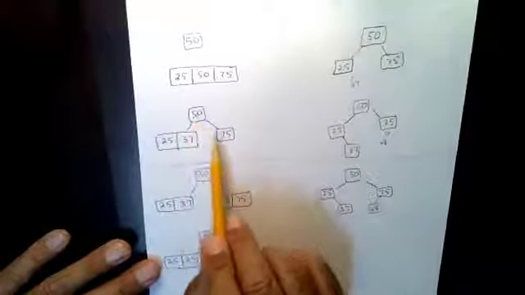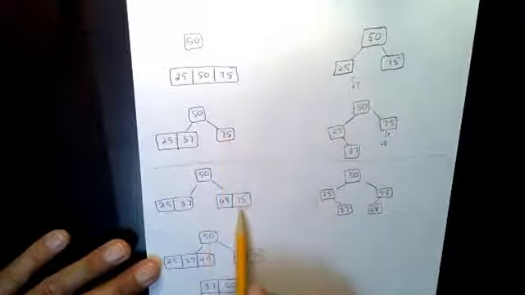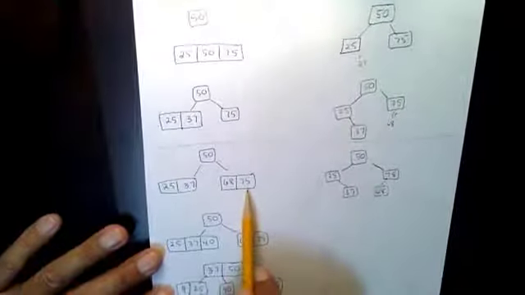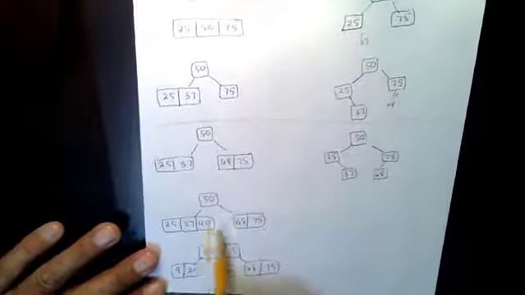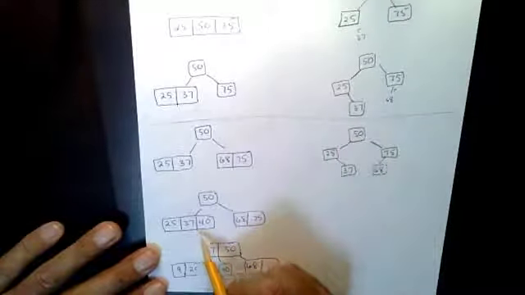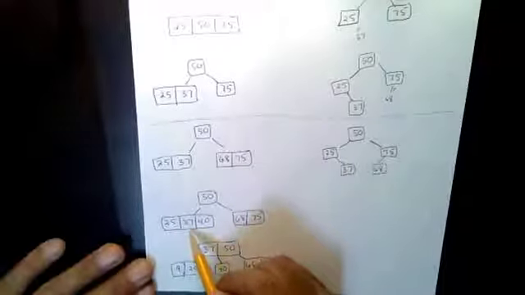The next number I'm going to add is 68. It's greater than 50, so it's going to go here. The next number I add is 40. It's less than 50, so it's going to go over here. The next number I add is 9, and 9 is going to come to this mess, okay?